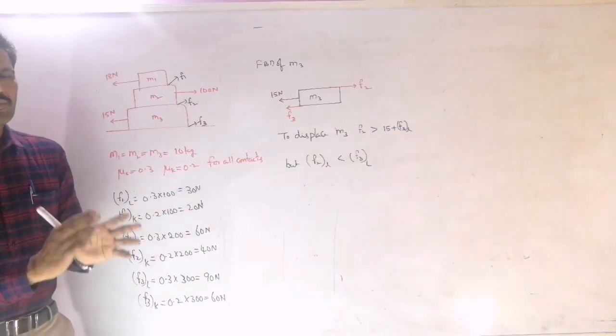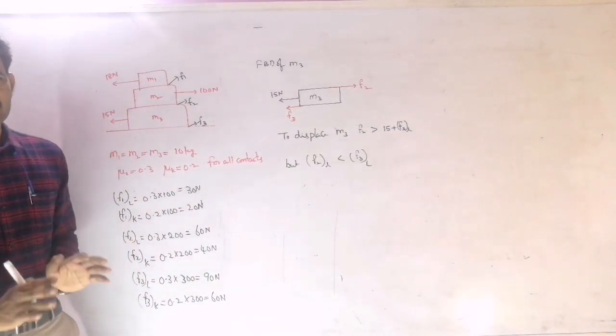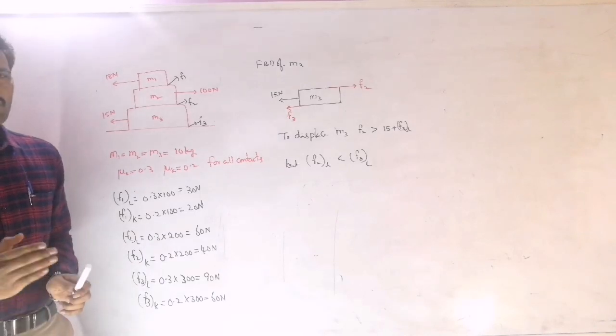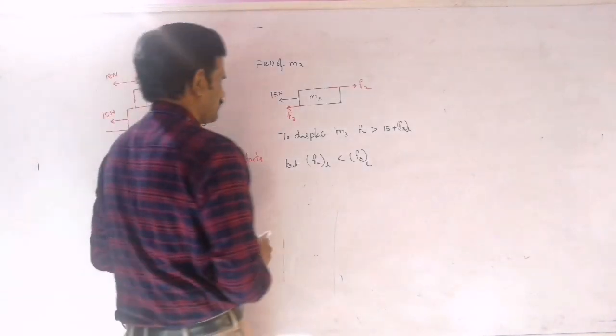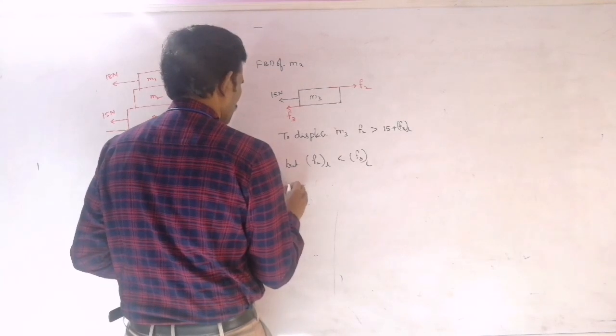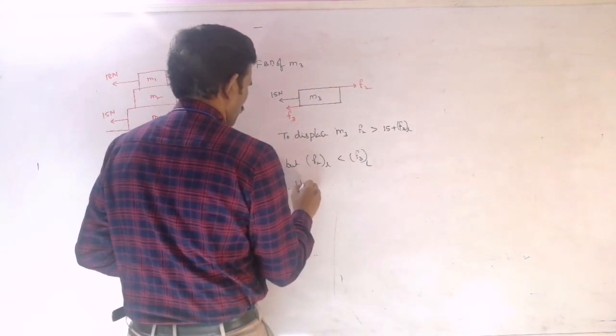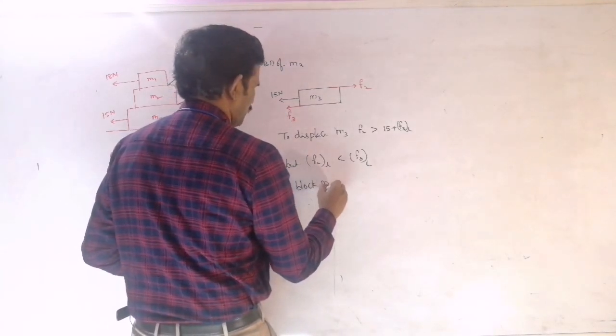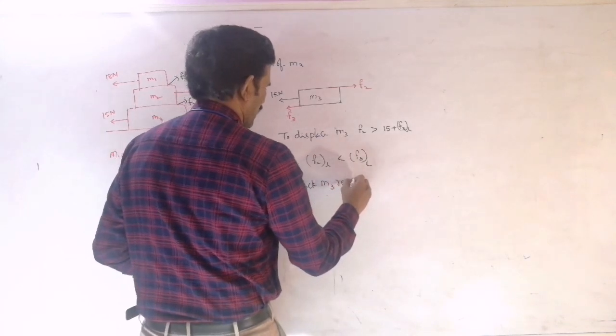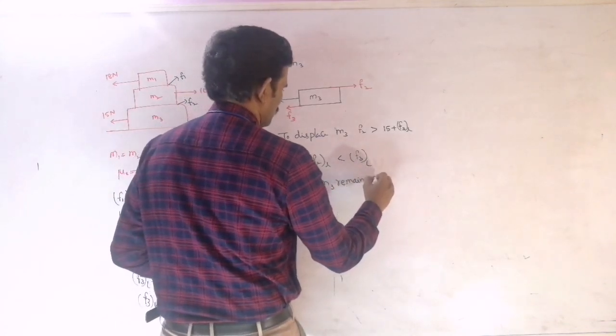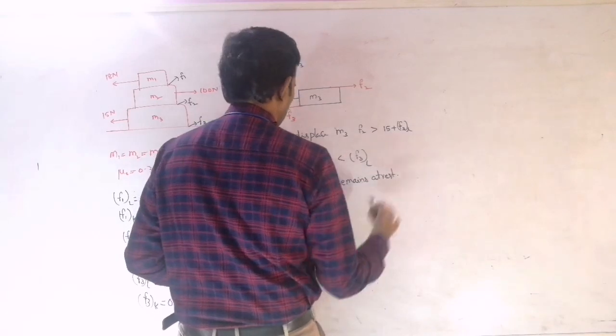And so the block M3 will remain at rest. Is it clear? The block M3 will remain at rest. Therefore, block M3 remains at rest. So it doesn't move here.